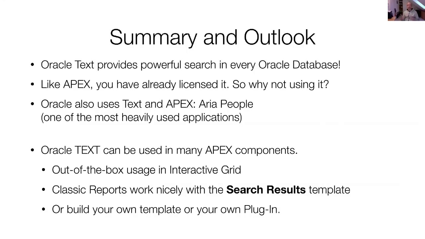And millions of page views, more than 1 million page views per day, then that uses Oracle Text, right? And since the interface to Oracle Text is SQL, we can use it in almost all Apex components. We have seen there is an out-of-the-box usage in Interactive Grid. You can go with classic reports and the pre-built search result template. You have seen that was almost no work.